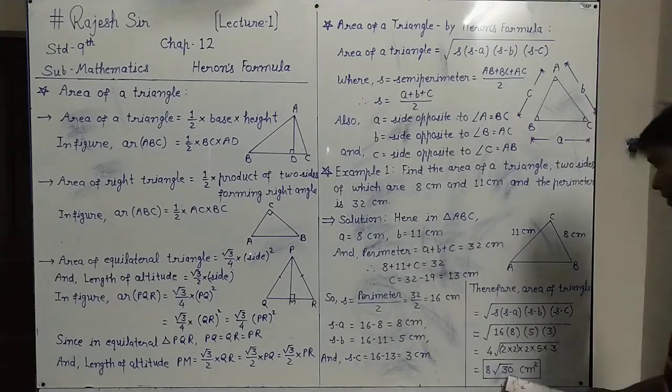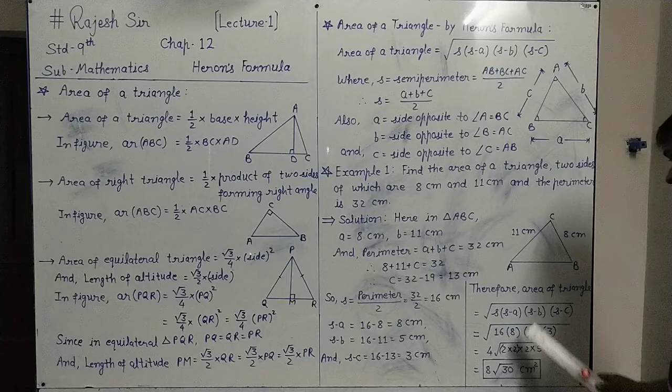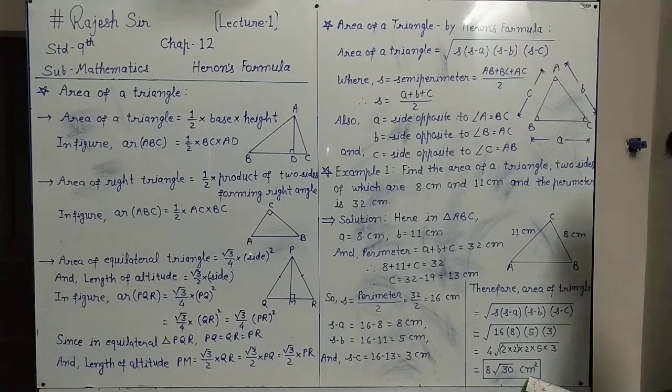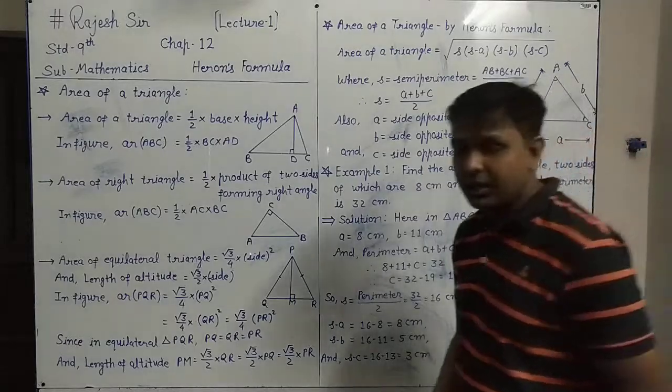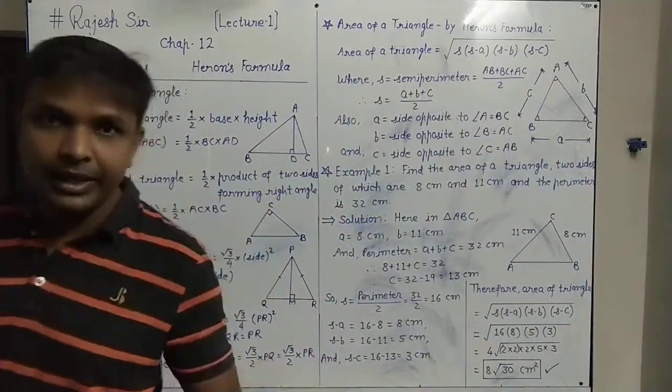So 8 root 30 is our answer for the area of the triangle. The unit of area is the square of the unit; centimeter is given, so centimeter square. This way we found the area of the given triangle, 8 root 30 cm square, using Heron's formula. Next examples we will see in the next lecture. Thank you.